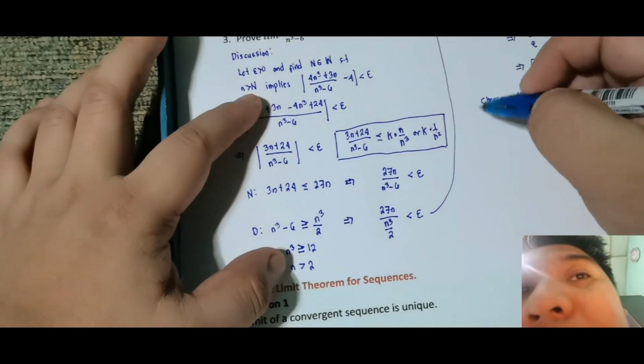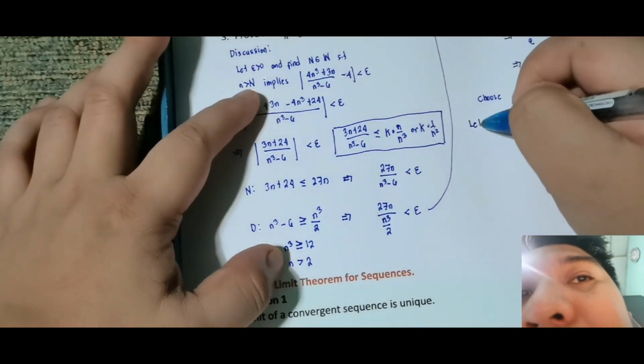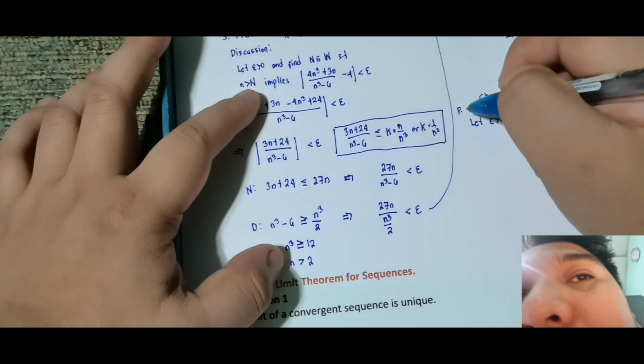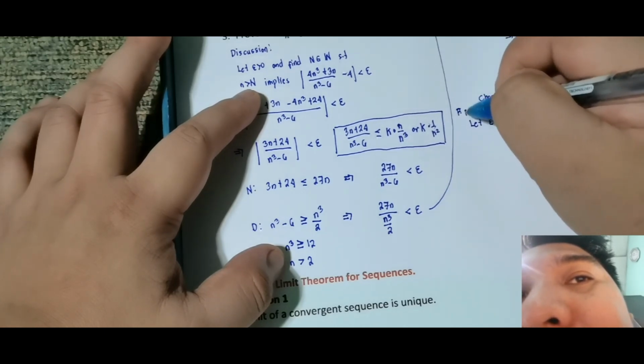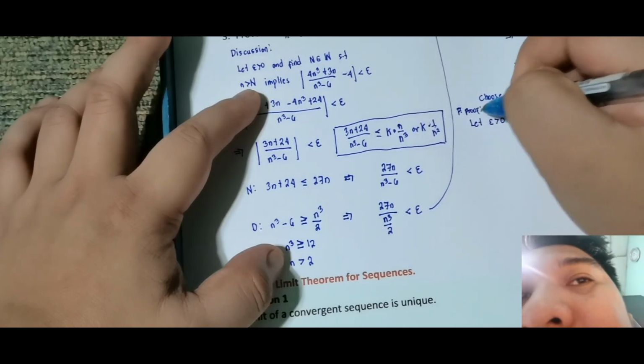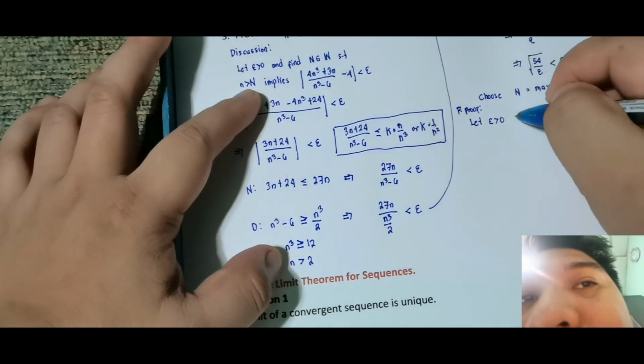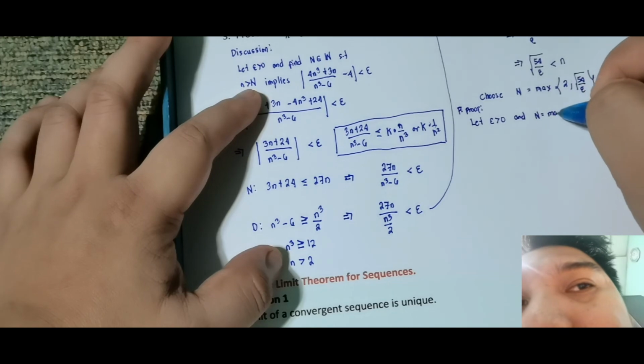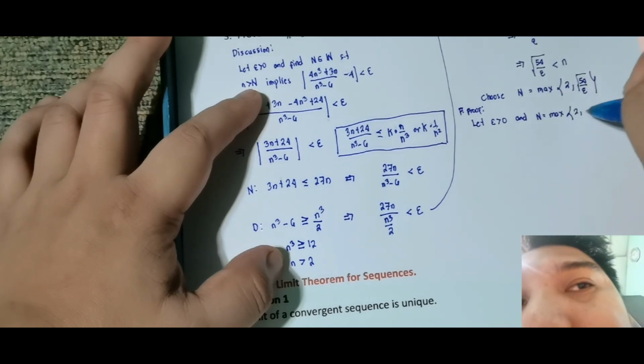Okay? So, let epsilon greater than 0. So, ito na yung formal proof. Okay, so let epsilon greater than 0 and N be equal sa maximum between 2 and square root ng 54 over epsilon.